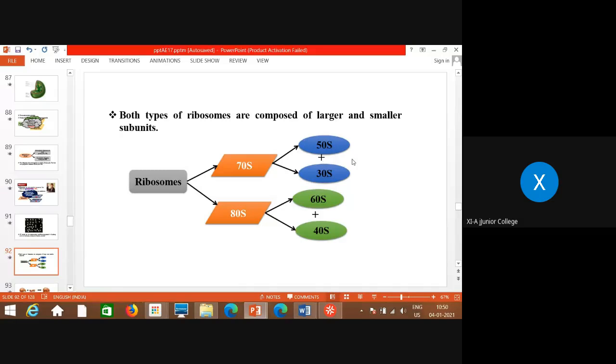But during the process of protein synthesis, when they come close to each other, they play the role of protein synthesis. They become 70S in prokaryotes, and in case of 80S, these subunits are of 60S and 40S. Larger subunit is of 60S. Smaller subunit is of 40S in case of 80S type of ribosomes present in eukaryotes.